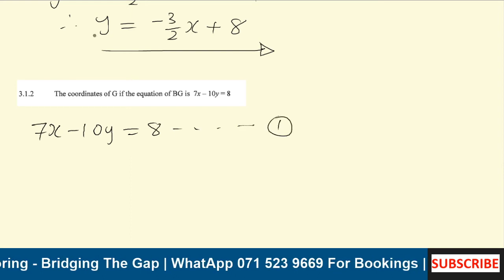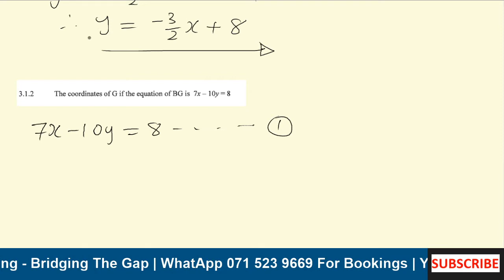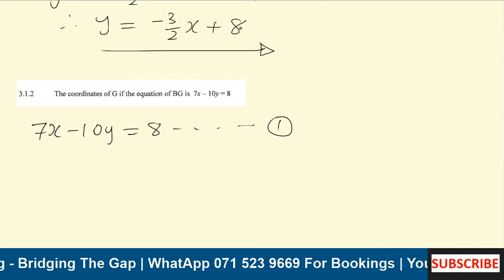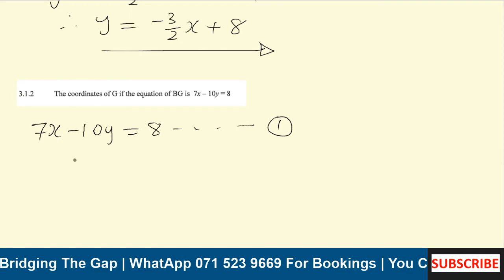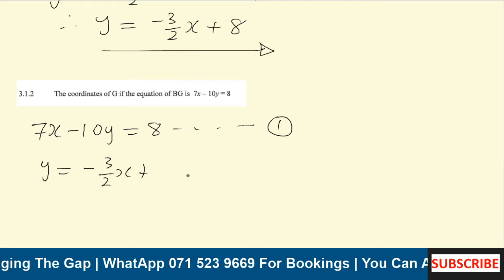We also know the equation of AC, y = -3 over 2 x plus 8, which we can use here.